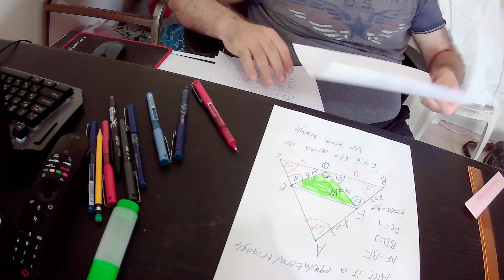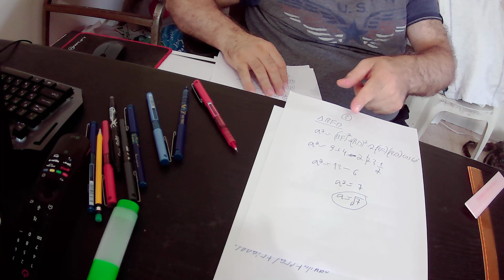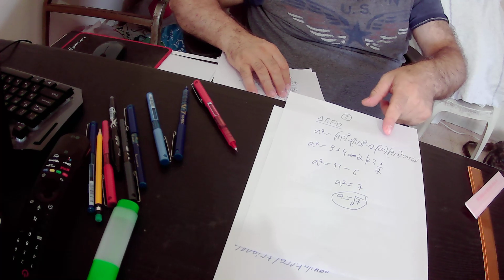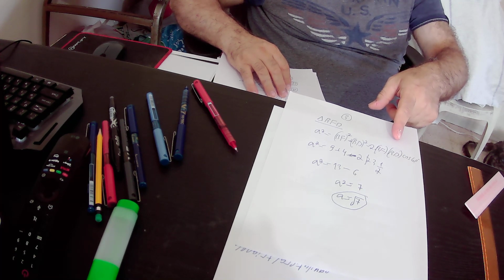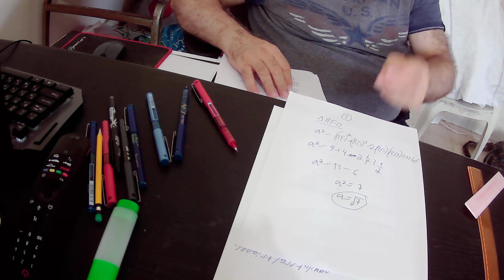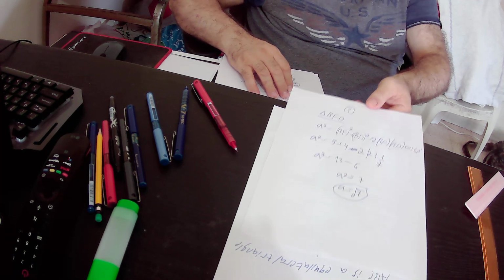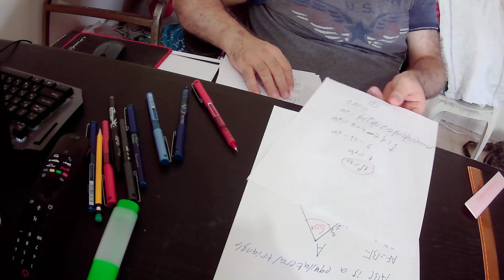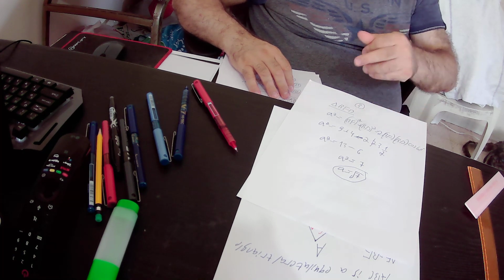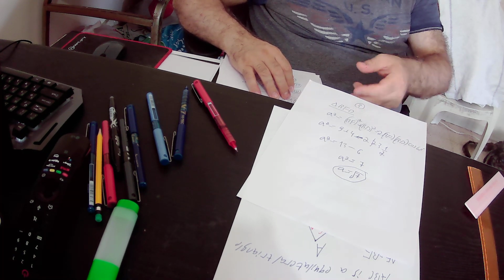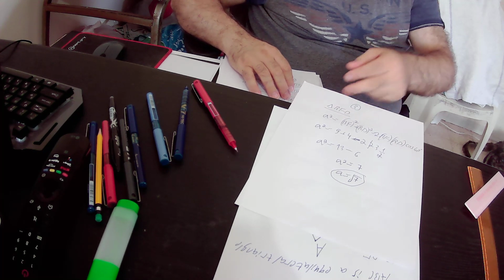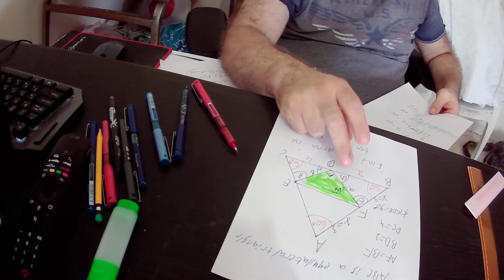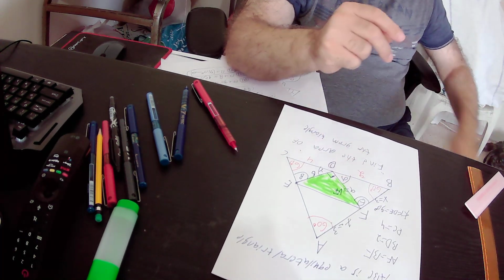We have the values of all the variables here, and the only missing thing is A. So we put the data inside this equation and we got that the value of A is root 7.